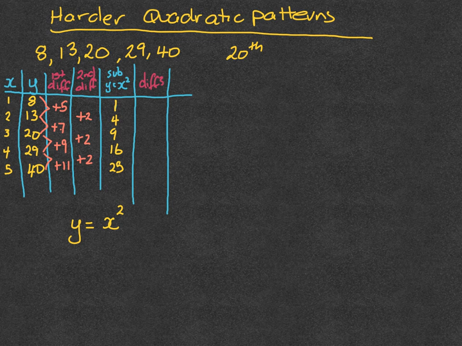And we'll notice that the difference between 1 and 8 is, of course, plus 7, we have to remember that. 4 and 13 is this time plus 9. 9 and 20 is plus 11. 16 and 29 is plus 13. And 25 and 40 is plus 15.